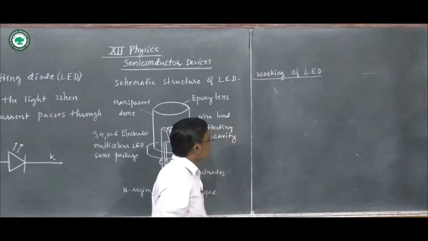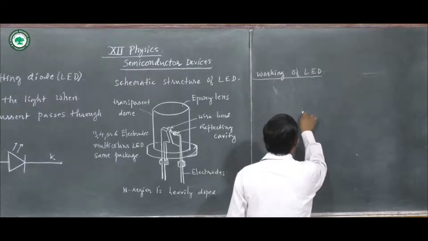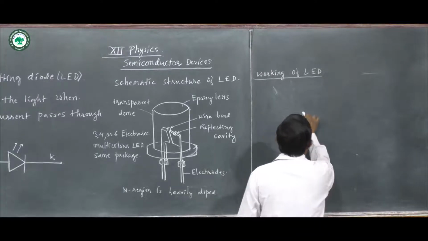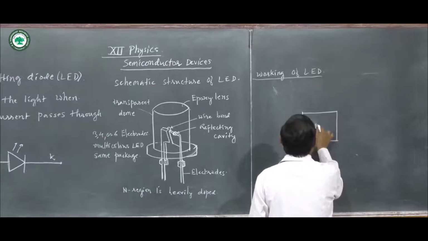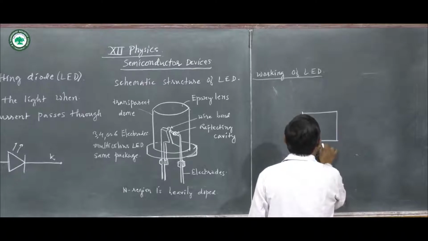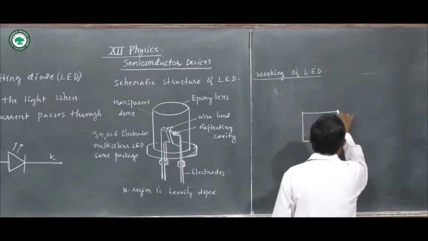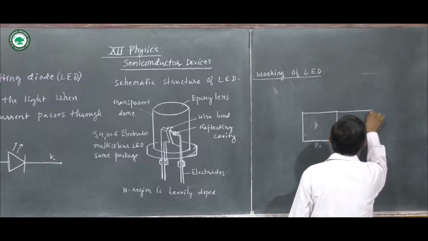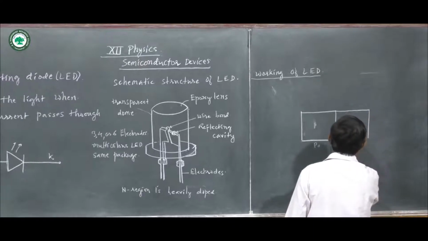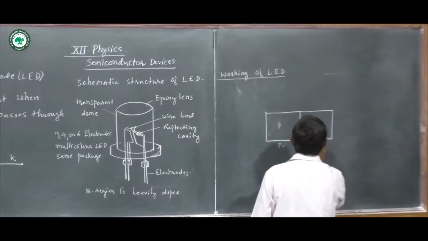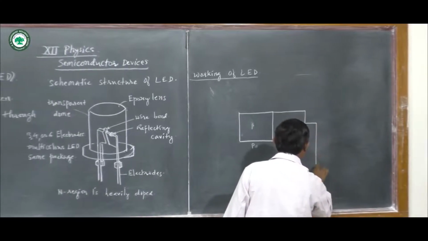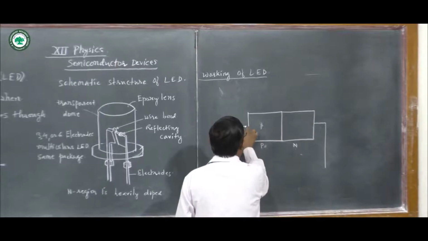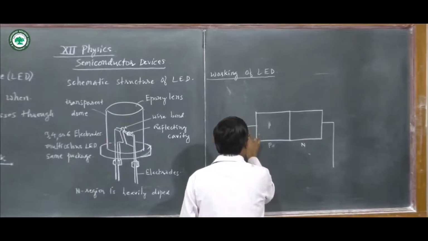Here the p region, the p-type material, is diffused with the highly doped n region, and this diode is in forward bias.